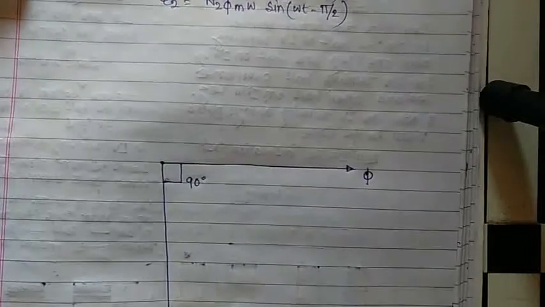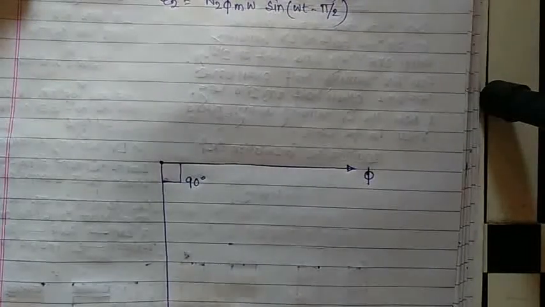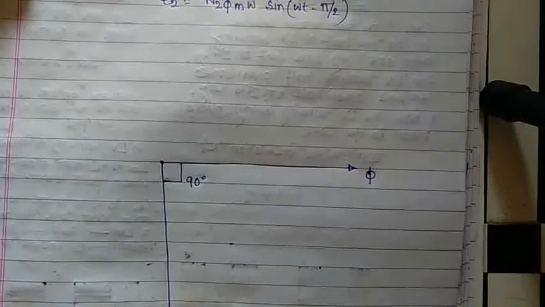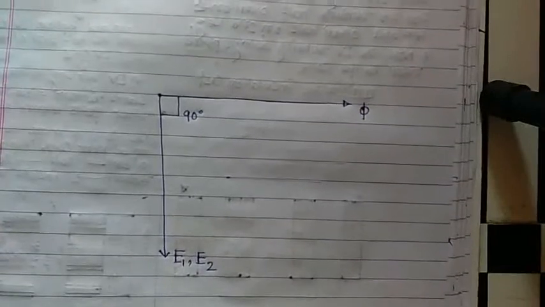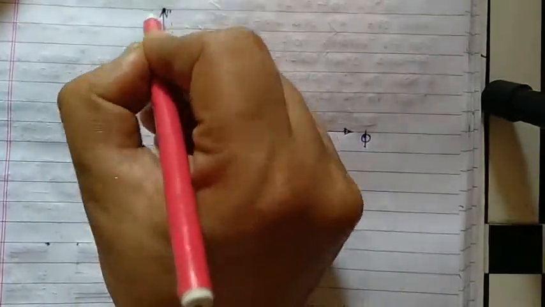Now, for simplicity we take a voltage value V1 dash that is equal to minus E1.